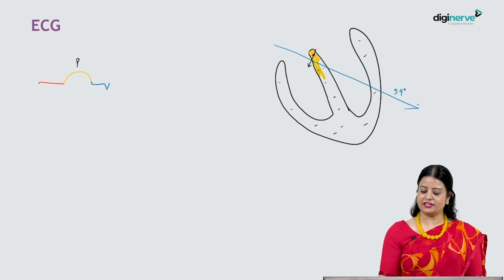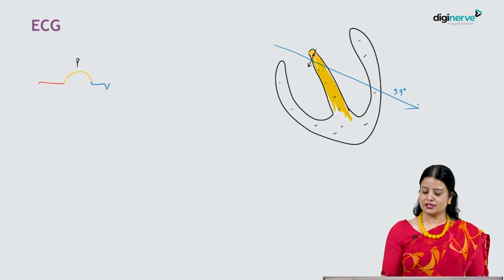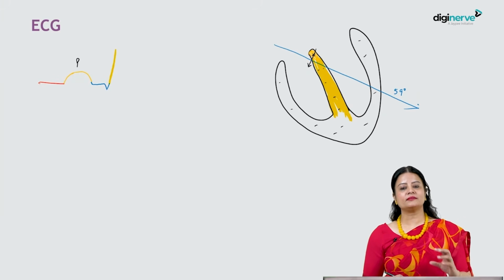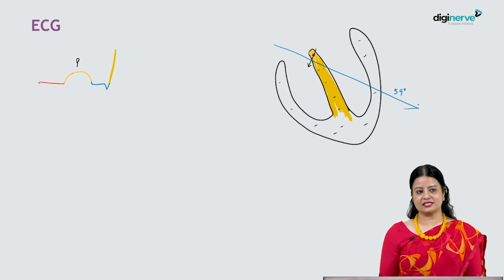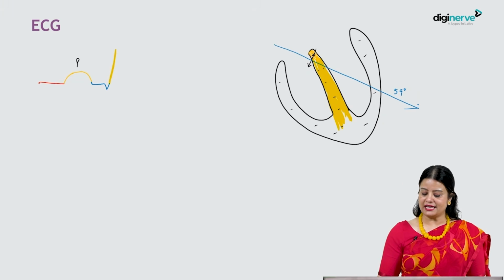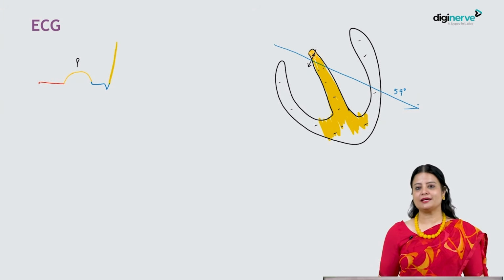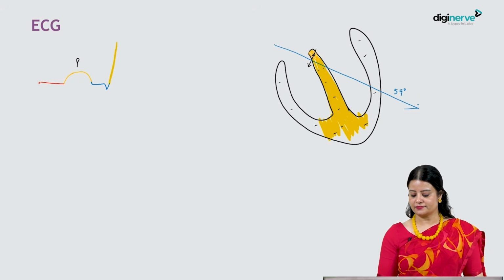Then this wave of depolarization spreads to the entire interventricular septum. So because of this, there is increase in the voltage or the amplitude of this wave, and as more and more ventricular bulk is getting depolarized, the magnitude of this wave keeps on increasing.